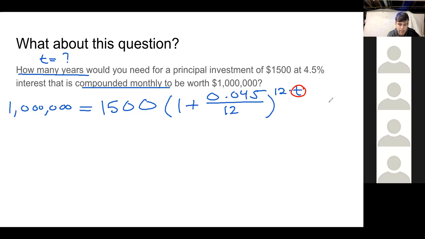Obviously, that's not ideal. 12 times 60. Okay, so 12 times 60 didn't work out. That's nowhere near a million. That's $22,000. That's not even close. So 60 years, not even right.